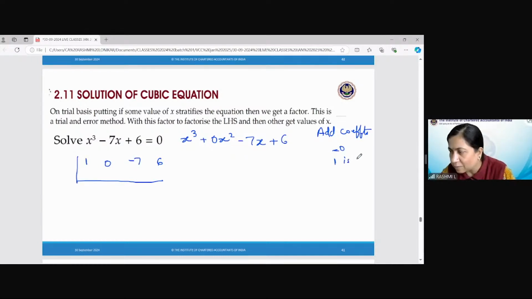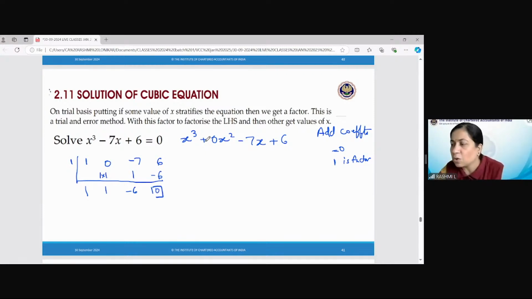Okay, so if you add the coefficients, and if it is equal to 0, then 1 is a factor. So I will write it as 1. This 1 I am going to copy like this simply. Then here I am going to write 1 into 1. 0 plus 1 into 1 is 1. 1 into 1 is again 1. -7 plus 1 is -6. 1 into -6 is -6. 6 plus -6 is 0.